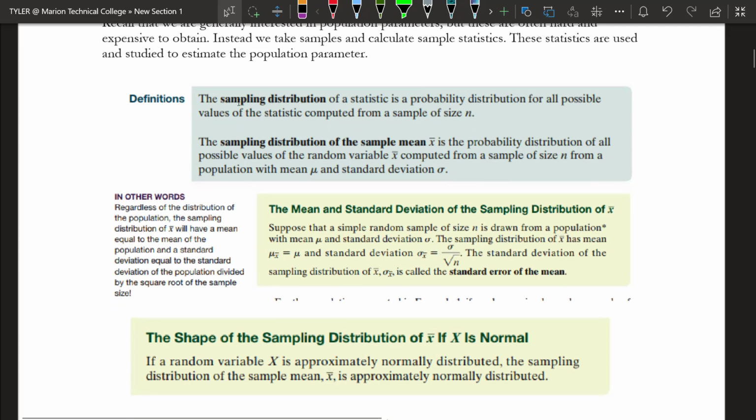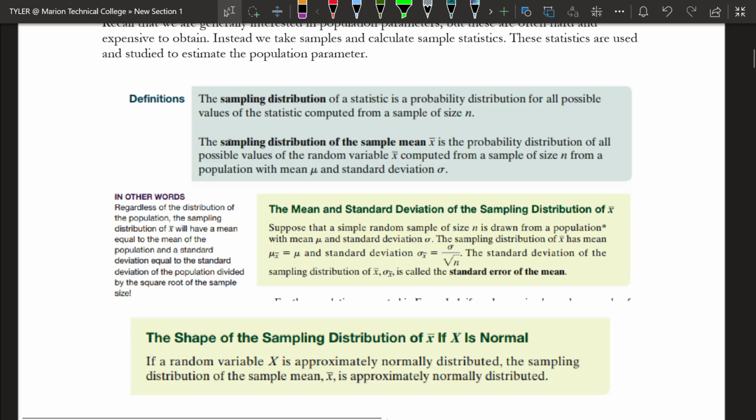Right. So before we get started with some examples, I have just some definitions and some ideas to discuss. So first, a definition. The sampling distribution of a statistic is a probability distribution for all possible values of the statistic computed from a sample of size n, right?